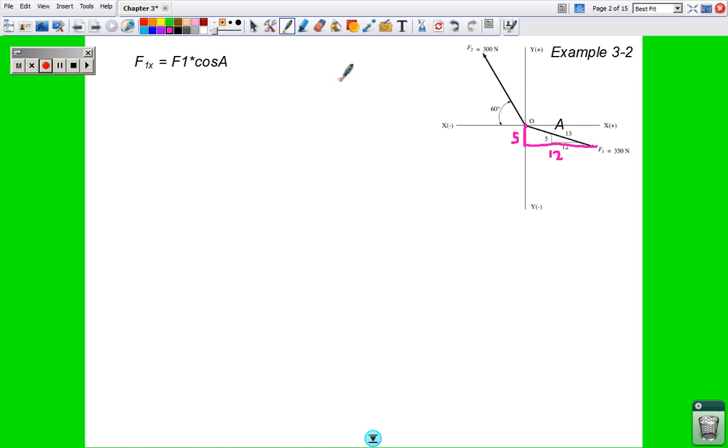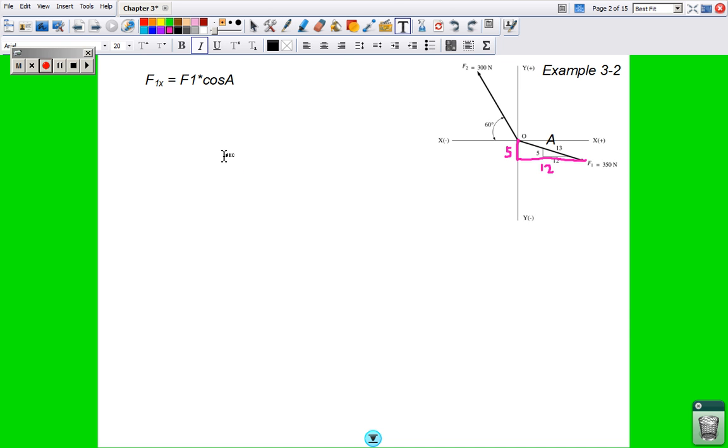So let's do that. The tangent of A is going to be equal to the opposite divided by the adjacent, which is going to mean the tangent of A is equal to, oh, well, that's not really A. Let's call that one B.